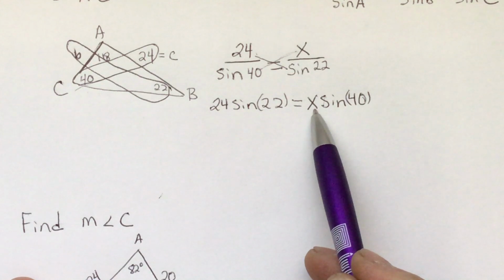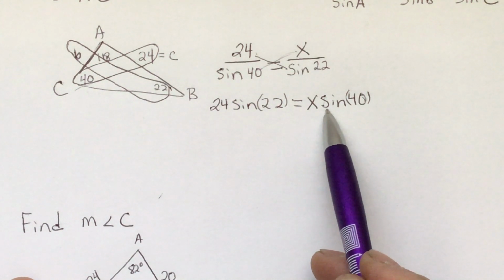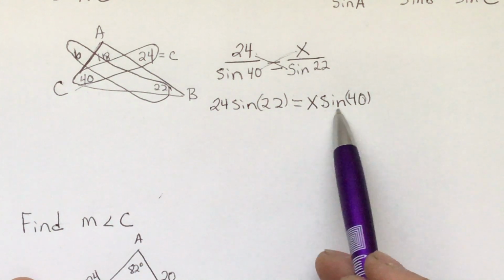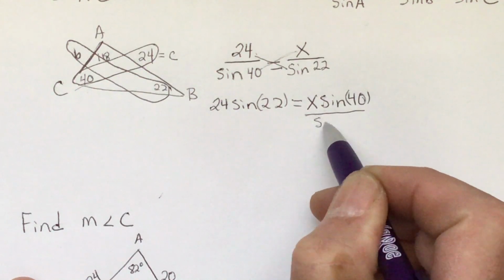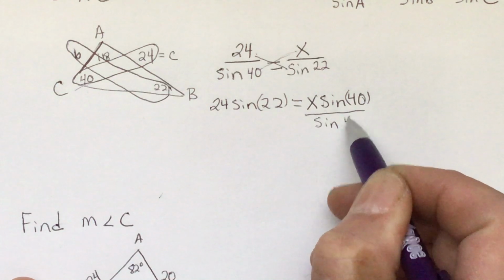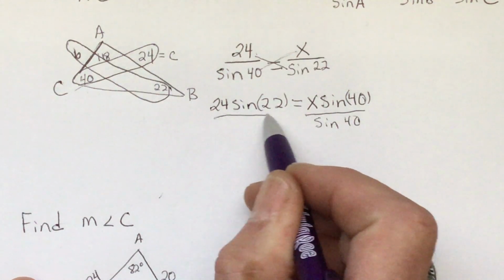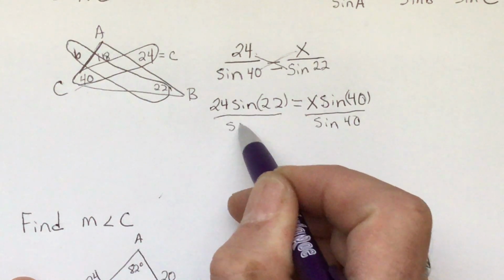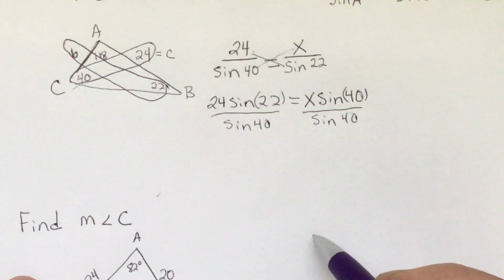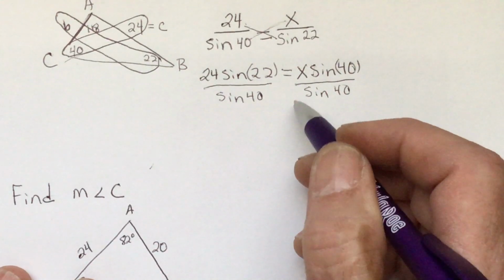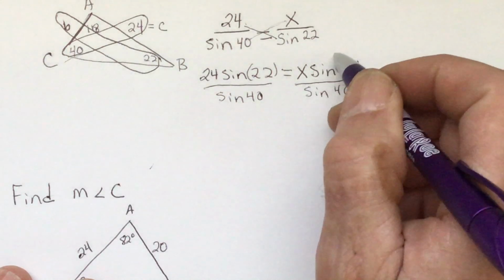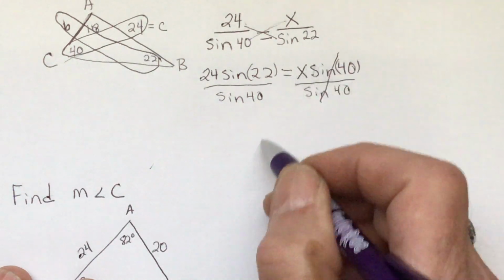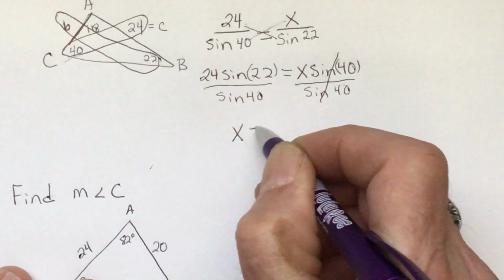Okay, we need the x by itself, and that comes from dividing by sine of 40. So we'll divide both sides by sine of 40. That's what's getting multiplied to the x. Sine 40. And now we're ready to go to our calculator and get an answer. All that's left over here is x, so x equals.